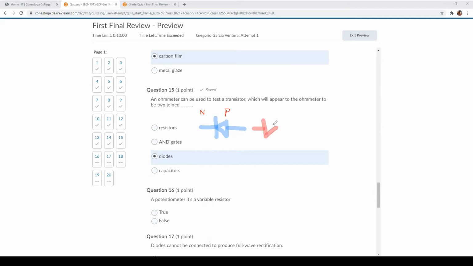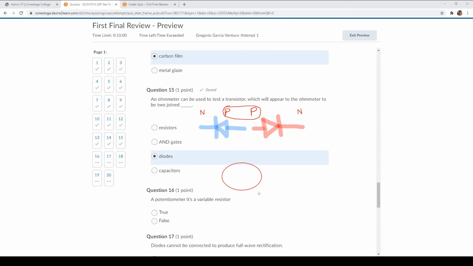So if I connect a second diode and I decide to join in common union the P material of my diode, then we would have an NPN transistor. So now when we take a meter, let's simulate that we have a meter here.